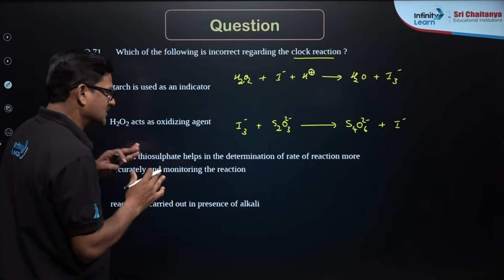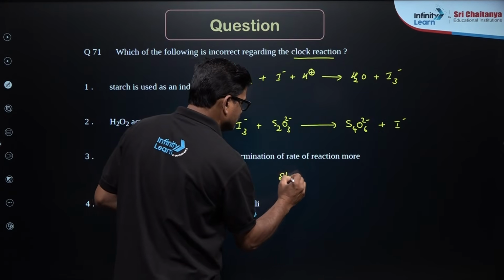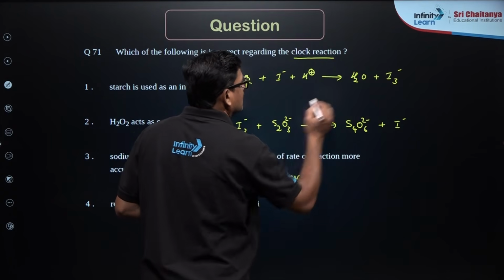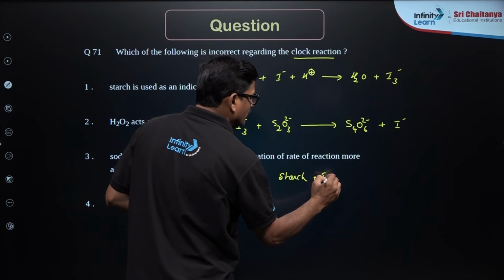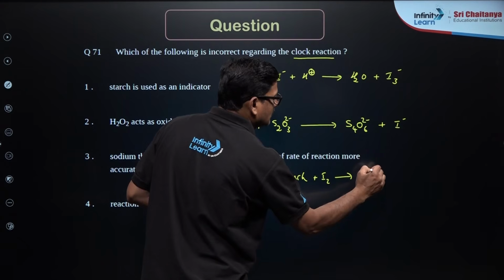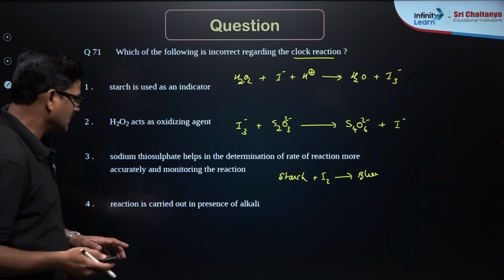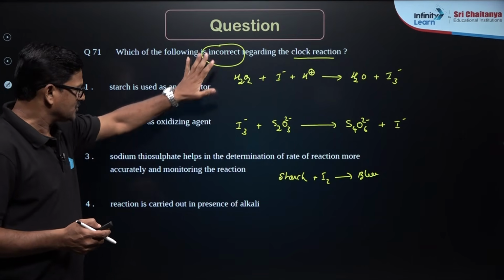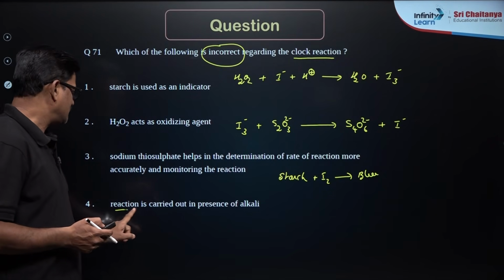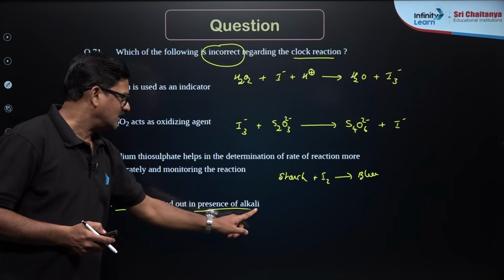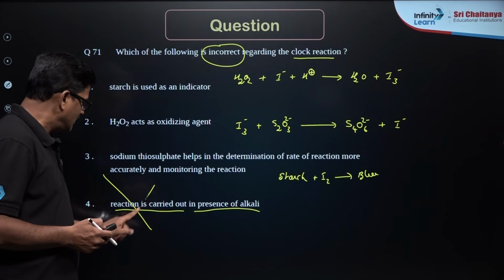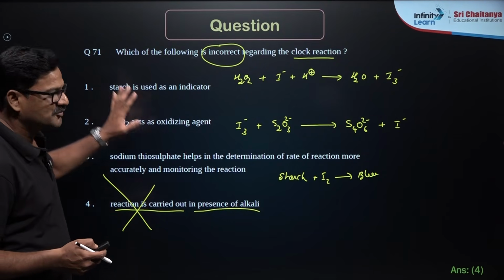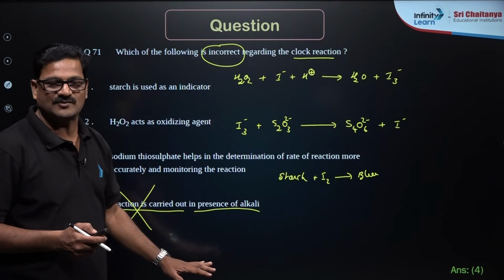Let us say starch that is present here with I2 gives rise to a blue color. Everything else shown here is correct. The statement that this reaction is carried out in the presence of alkali is absolutely not correct. So option 4 is the correct answer for this question.